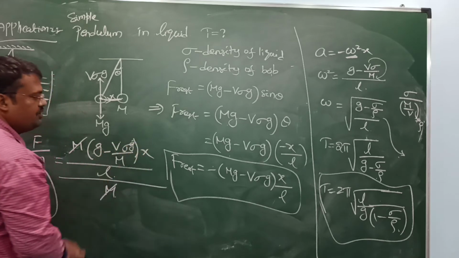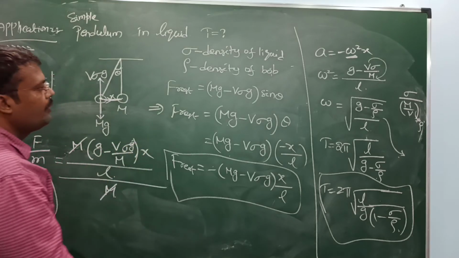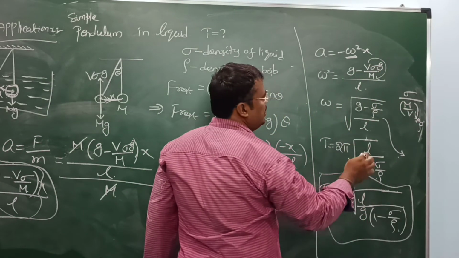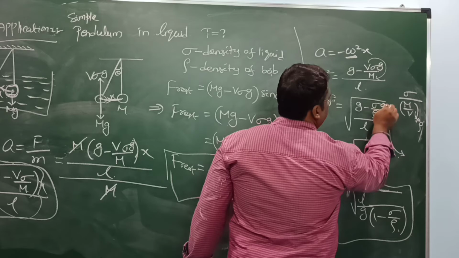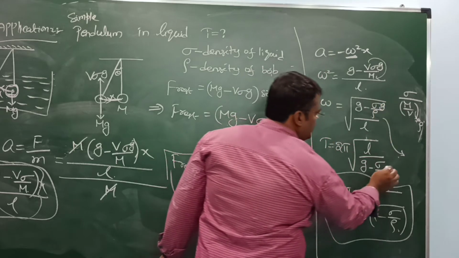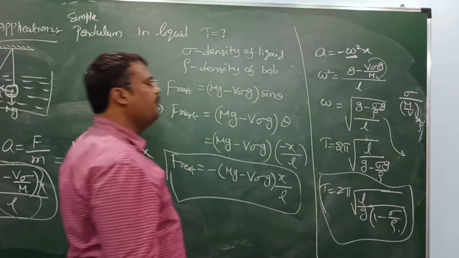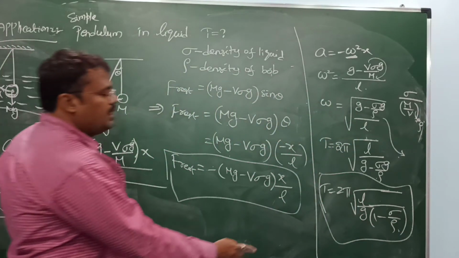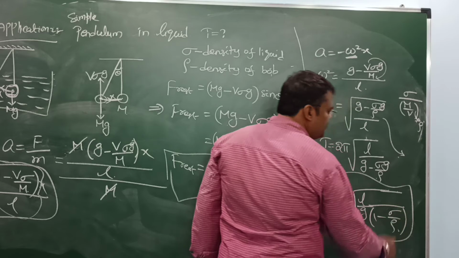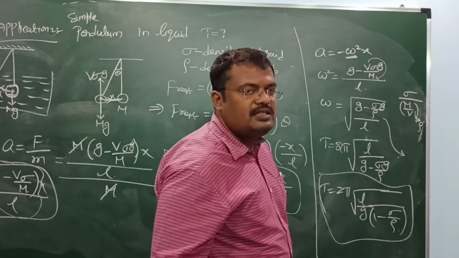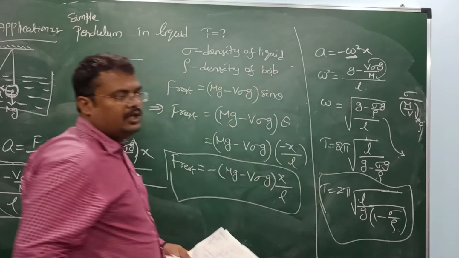This is Vσg. Sorry for the inconvenience. Here it is sigma g. When you take g common in this case, g into 1 minus sigma by rho. What is this sigma? Sigma is nothing but the density of water. This rho is nothing but the density of the bob.